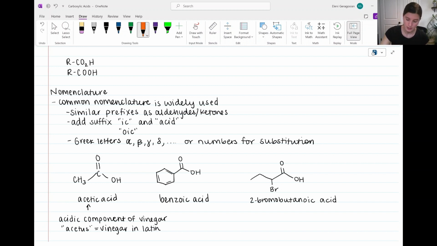So this carbon next to the carbonyl carbon is the alpha carbon, beta carbon, gamma carbon. So using Greek letters, this is alpha-bromobutanoic acid.